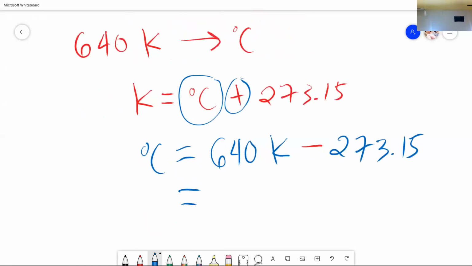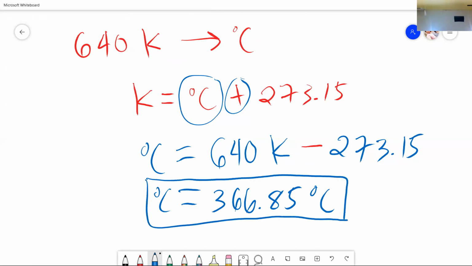Degrees Celsius is equal to 640 minus 273.15, so we have 366.85 degrees Celsius. Okay, this is our result.